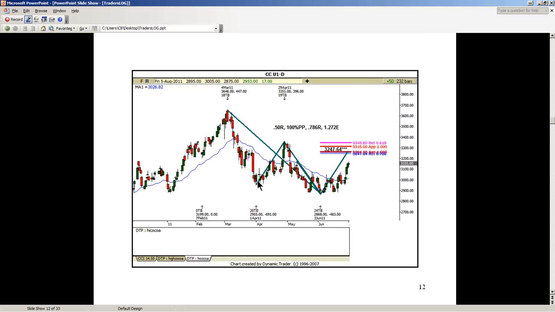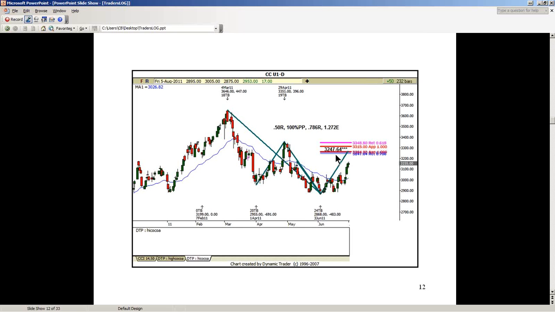I also ran a 100% projection of this prior low to high swing and projected from the low made on June 3rd. I don't think there are any extensions in here.